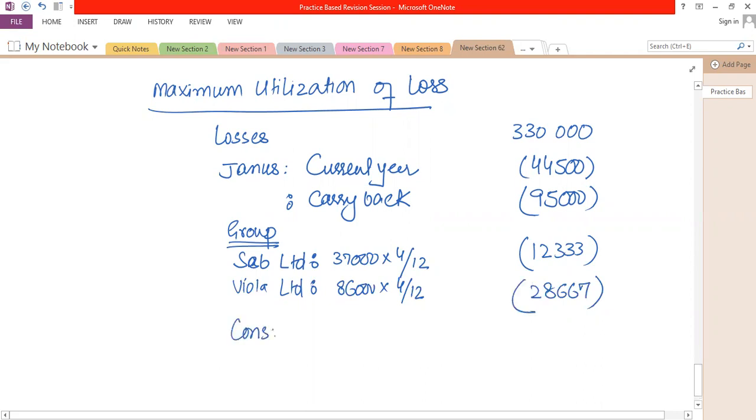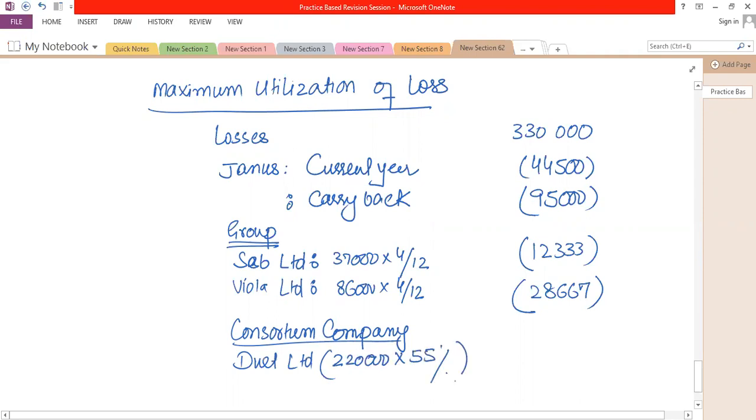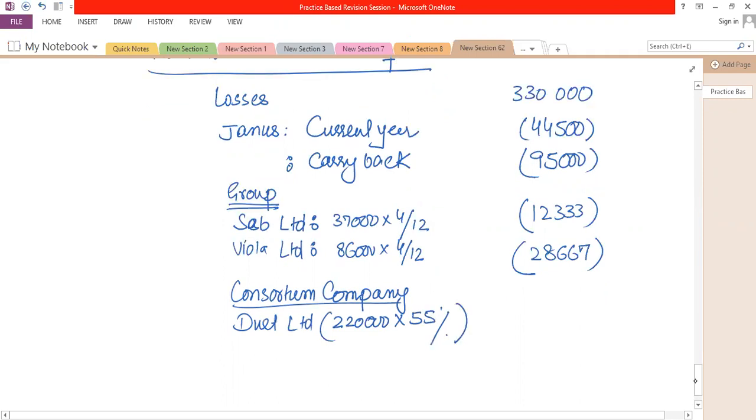So the next option is against the consortium company. And the consortium company, you have just one, and that is Duke Limited. And profit is 2,20,000. And remember, we have to use the percentage holding. This is the difference between group structure and the consortium company. That percentage can be utilized only, and that is 1,10,000 of loss.